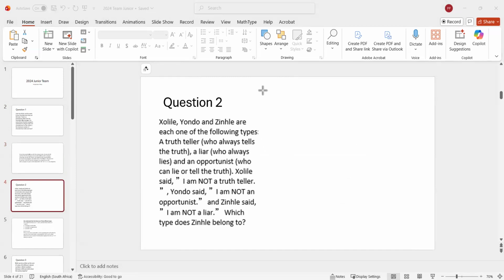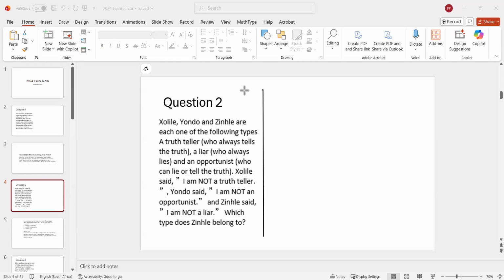Zulile, Yondo, and Zinchle are each one of the following types. It's not clear, but it seems to me that there are three types there.